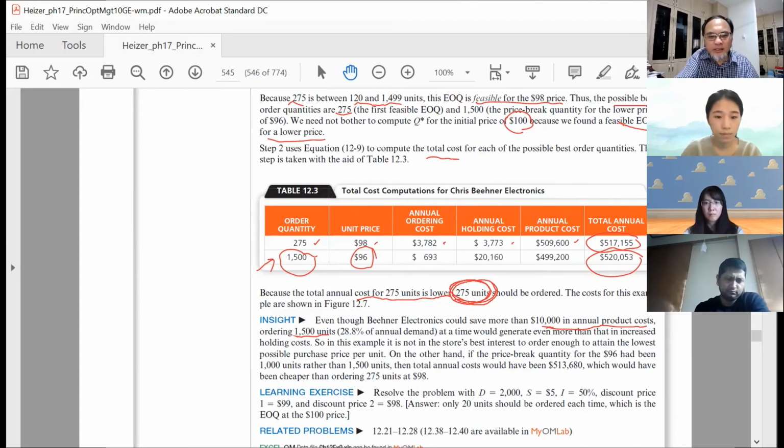On the other hand, if the price break quantity for 96 had been 1,000 units, then probably the total annual cost would be cheaper than ordering 275. Understand? We are trying to determine which is the cheapest quantity to order for the whole year, and how much to actually order, based on discounts.